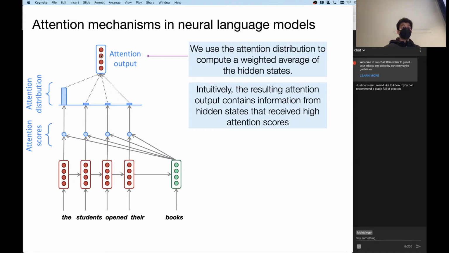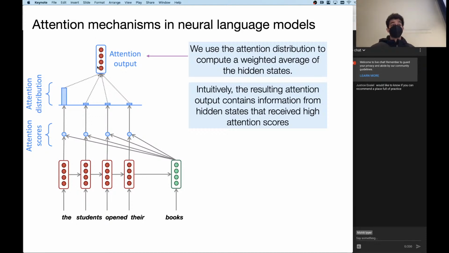I also have this attention vector, which now has information about what the model thinks is relevant from the entire previous hidden states, right? So this vector here, it looks like it contains information mostly from the very first time step.